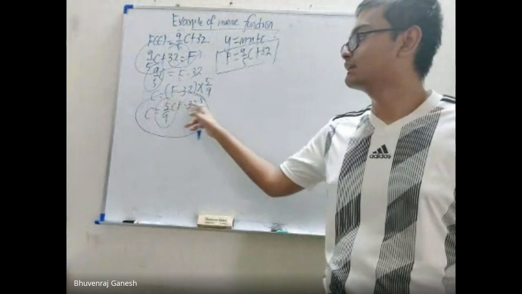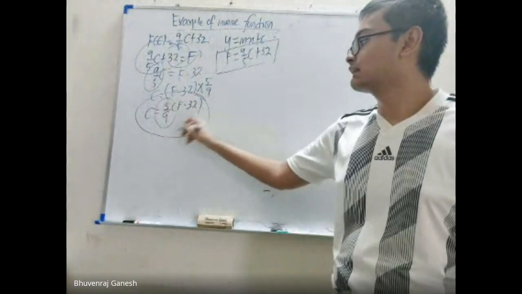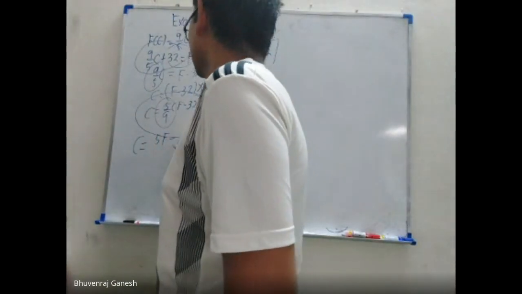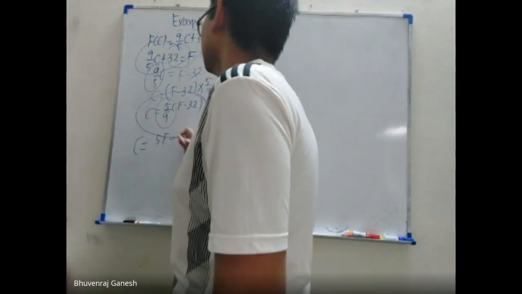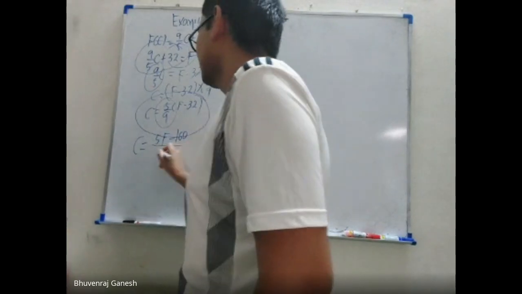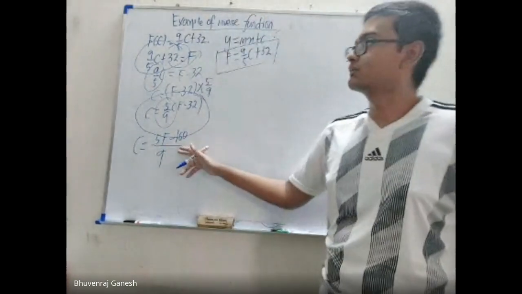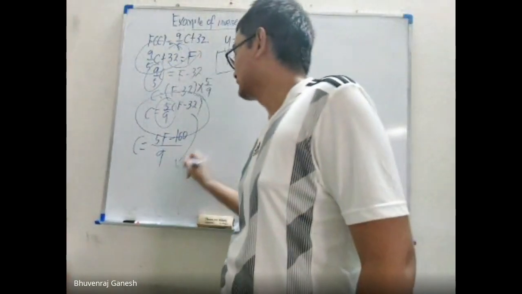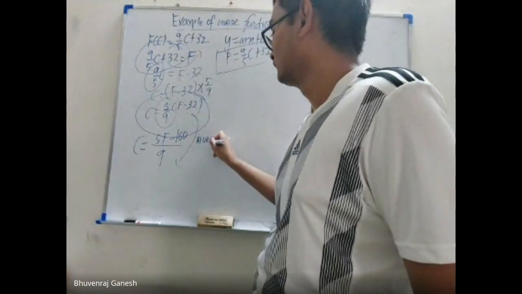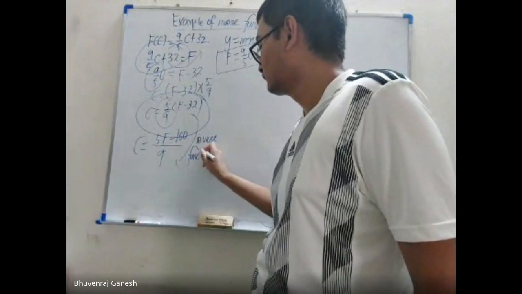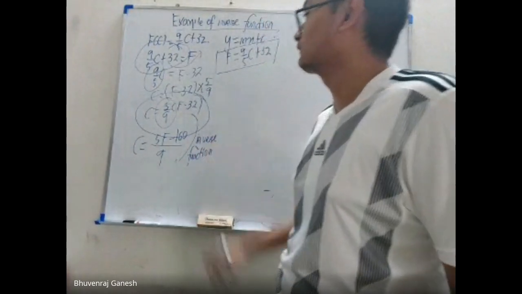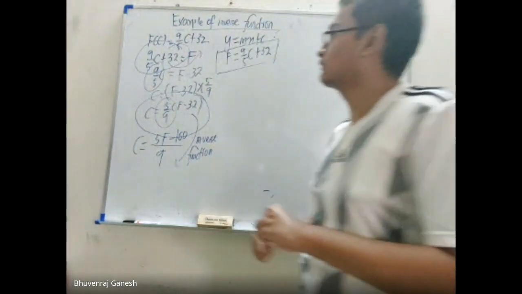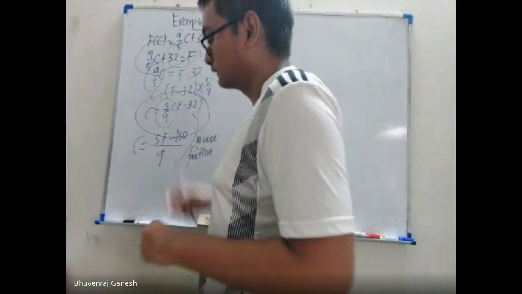It means when we expand it inside, you will get something like C equals 5F minus 160 over 9. So can you see how it's converted to a fraction form from this form? That's why we already applied the inverse function process here. So that's how we find a separate quantity from the given quantity.